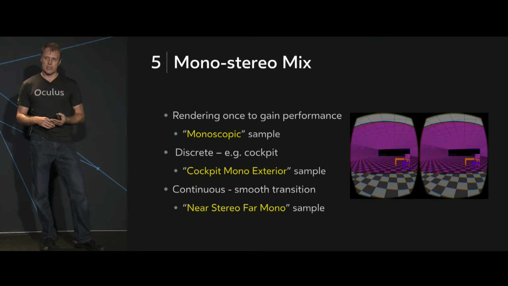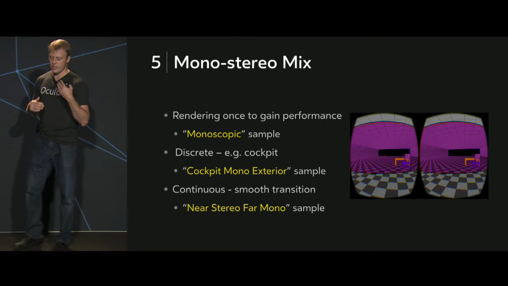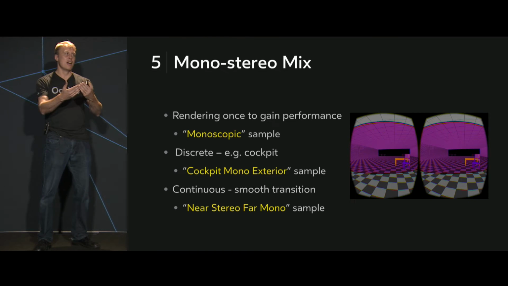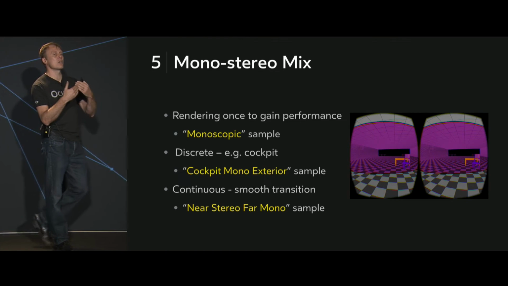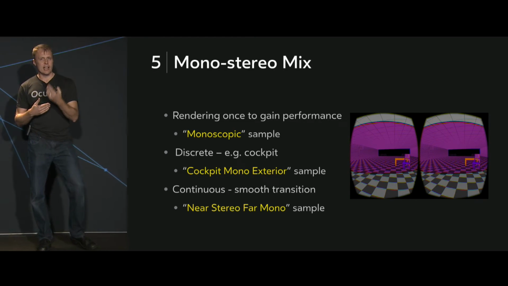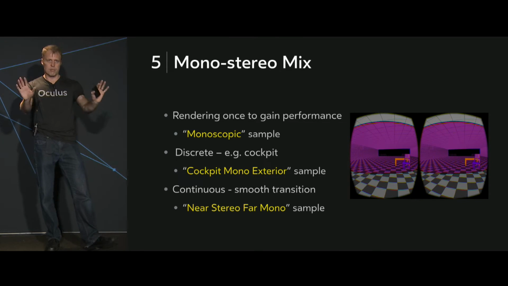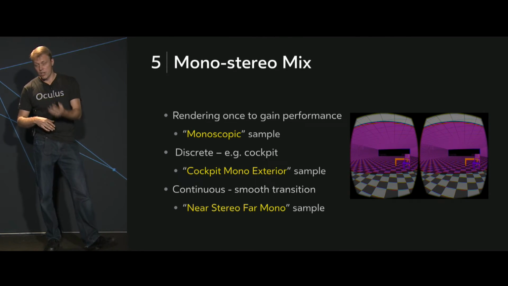However, what's much more interesting is if you take advantage of the fact that pieces of the geometry beyond a certain point are not quite so obvious once they cease to become stereoscopic. So in a discrete case, you might have a cockpit game where you render everything in the cockpit in stereo, so you render both eyes. Then everything outside the cockpit you perhaps render once and then share between the 2 eyes. So we have a sample for this.